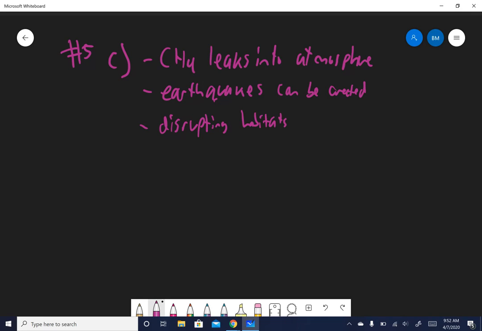Anything else here? Oh, and noise pollution for sure, from the trucks and the operations trying to get that out. So there's 2 environmental drawbacks not related to the water. That was C.